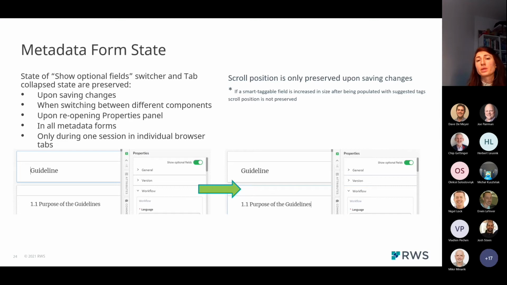But since optional fields are a long list of fields, it's sometimes not convenient if you make any changes and you don't remember where you were before. So now it's possible to just stay where you are while you're editing optional fields in the metadata form.